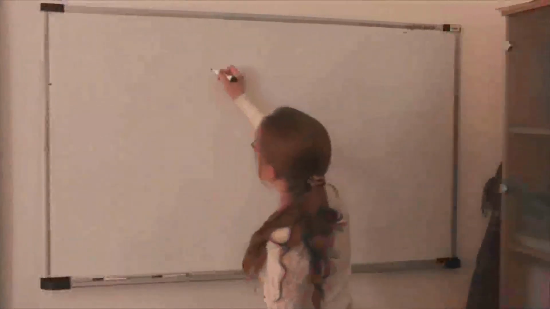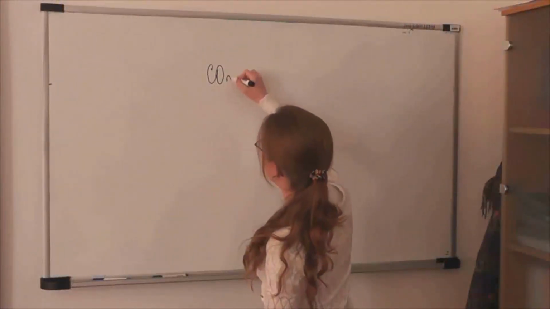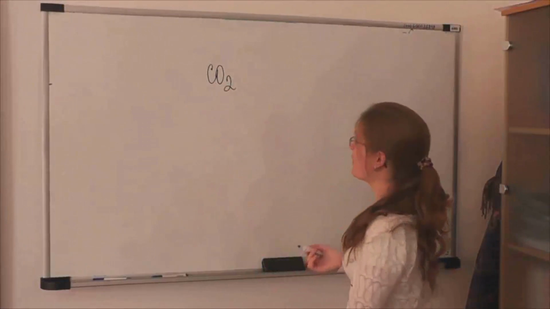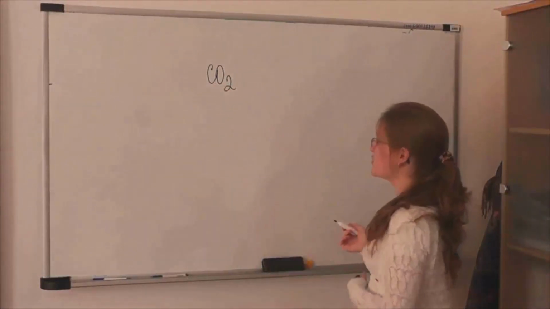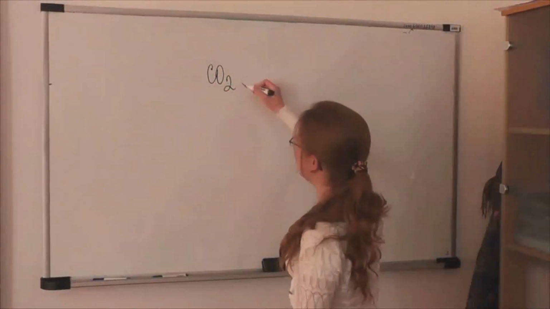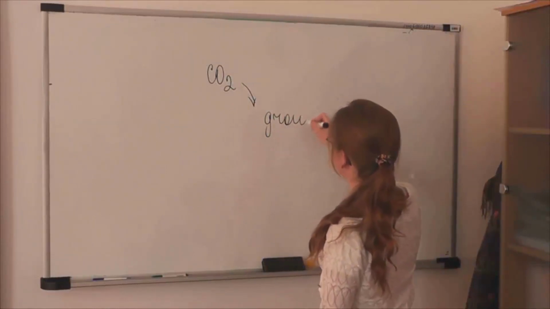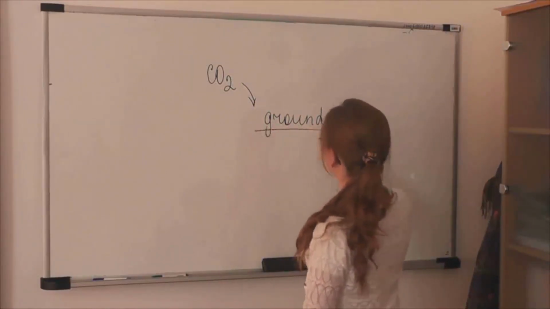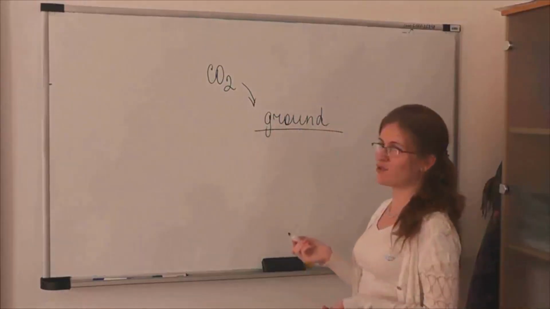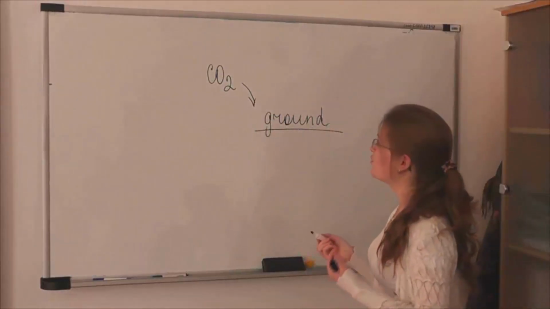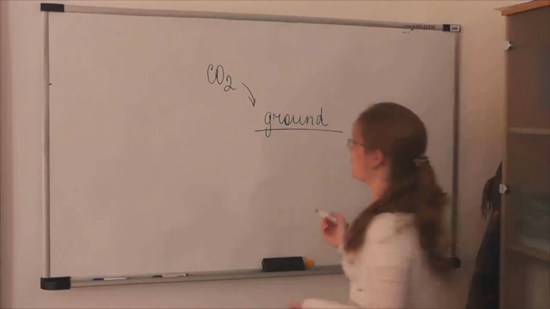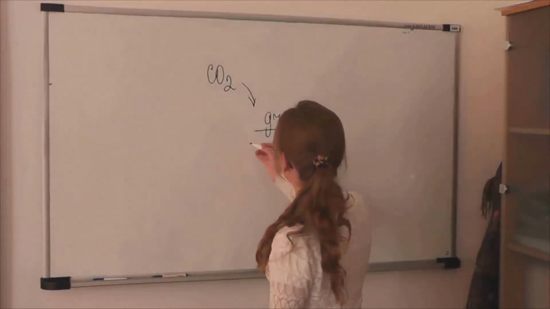So in the air, we have CO2, carbon dioxide, and first of all, this carbon dioxide diffuses to the ground and land. Plants use this CO2 for growth. They absorb this CO2.